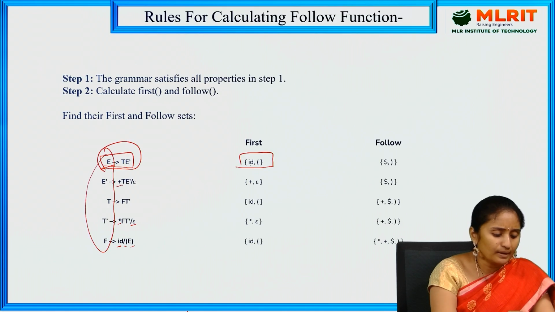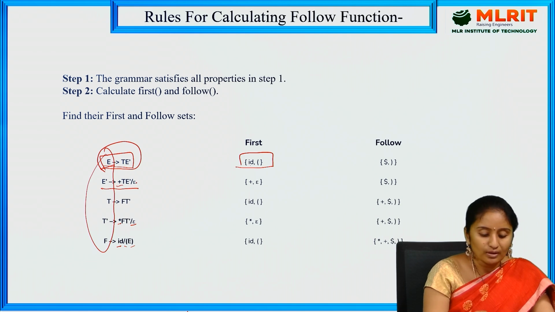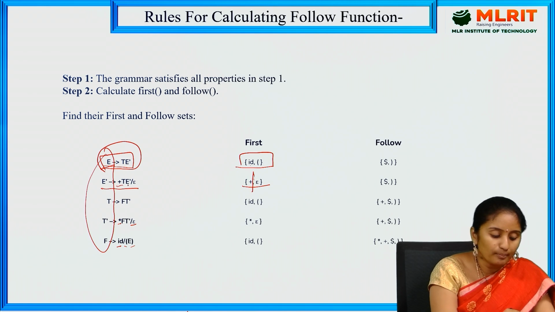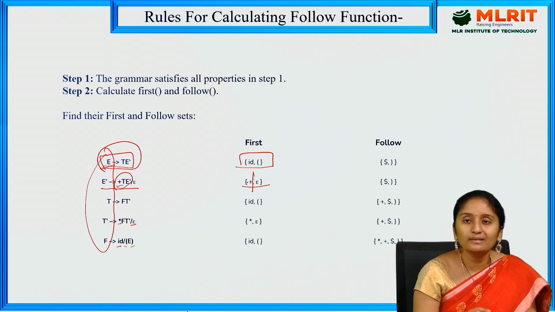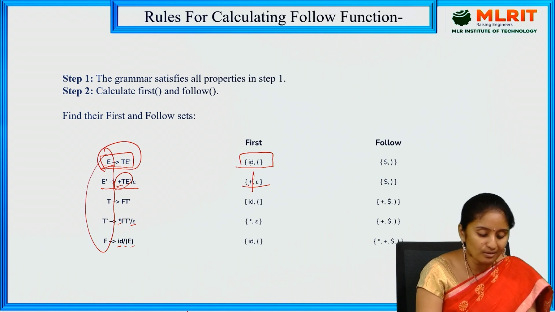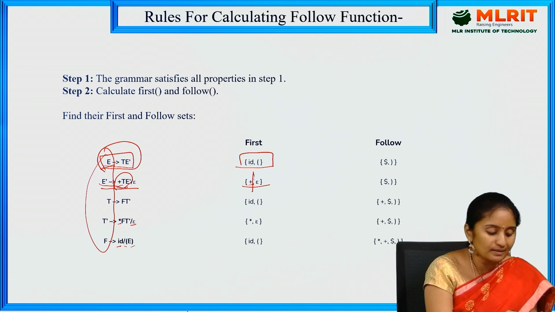Next production: E dash produces plus TE dash or epsilon. In my first function I have plus, comma, epsilon. How did I get plus? By using the first production, I got plus in the first function. So in the place of plus, we place the first production.